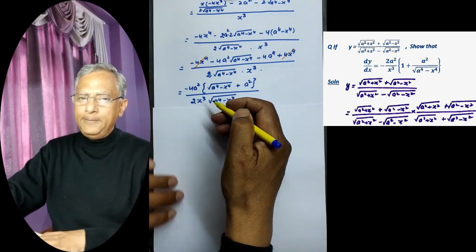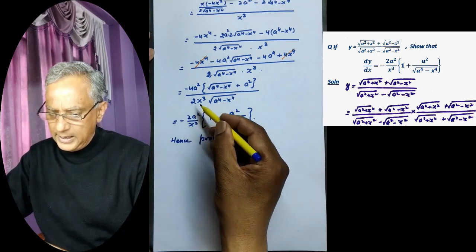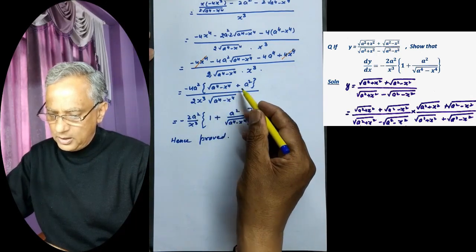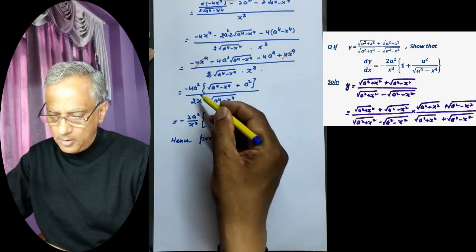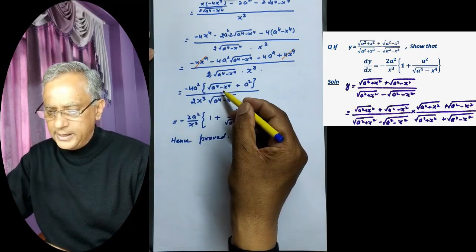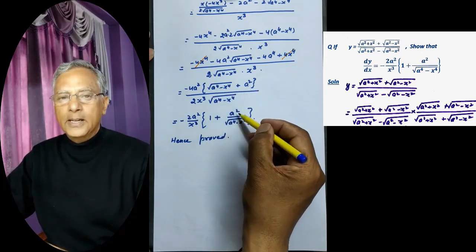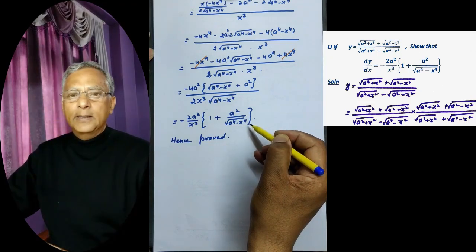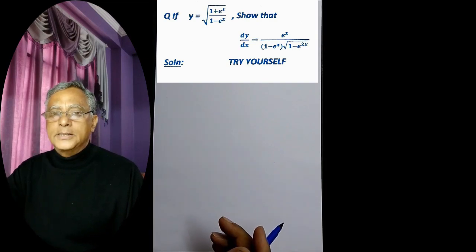So we get minus 2a² by x³ is common and we are left with 1 plus a² over under root of a^4 - x^4. This is common and we are distributing it inside the bracket. So we get 1 plus a² over a^4 - x^4. You can try this question yourself on similar lines.